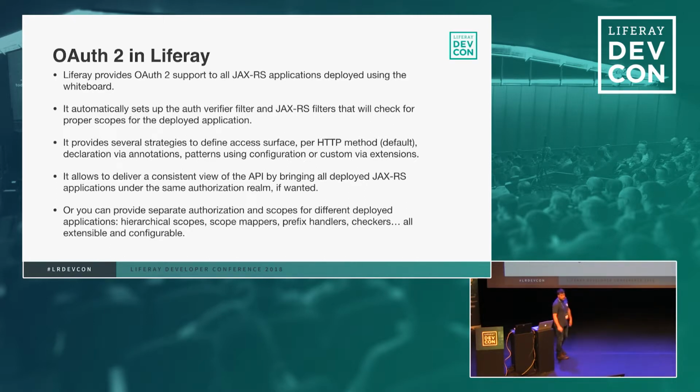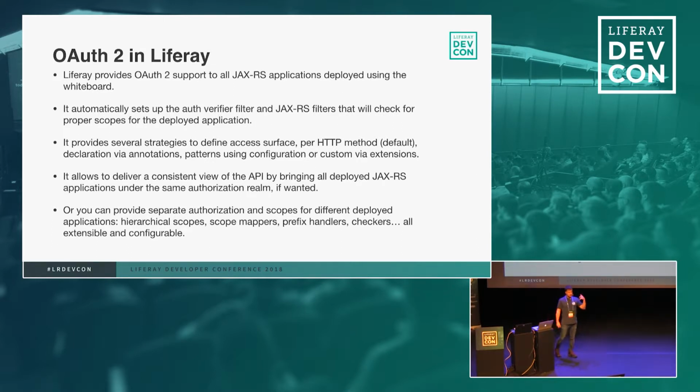We also provide several strategies to define the scopes per HTTP method: declaration via annotations, patterns using configuration, or you can provide your own, again using extension points. This is all so you can provide the coherent API that you want.